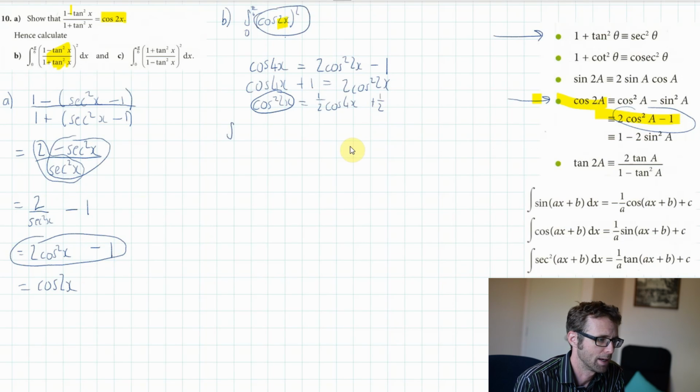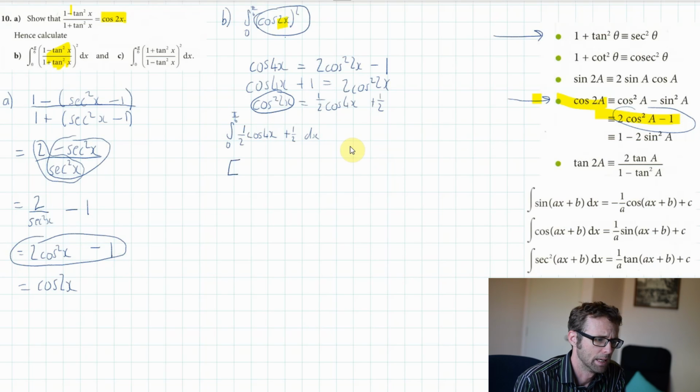So between 0 and pi over 6, I'm going to integrate 1/2 cosine 4x plus 1/2 dx. I might just fix this up because it looks a bit dodgy at the beginning there. Okay, so it's going to be 1/2 times cosine 4x. Let's do that. What do we get?